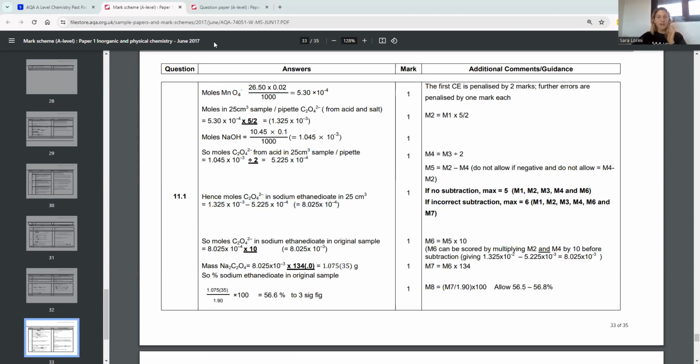One important thing to never forget about any titration is to think about the volumes. Always ask yourself in which volume, because this is such an easy mark to lose when you need to find the moles in the original sample.